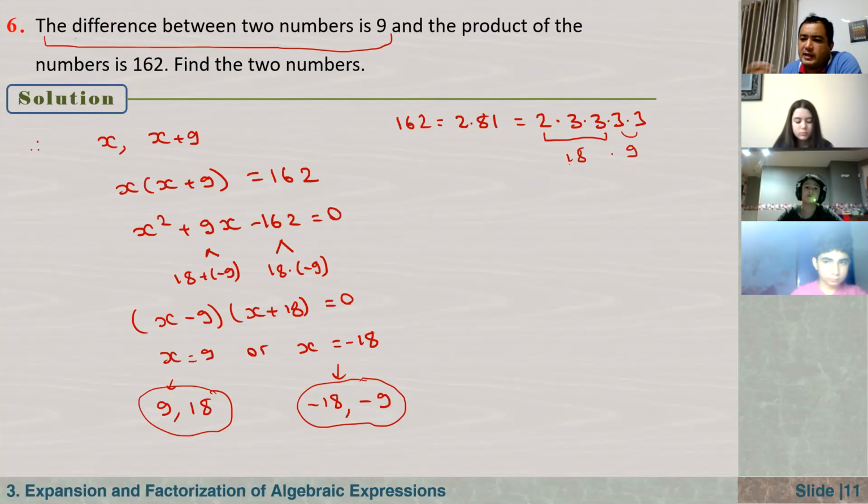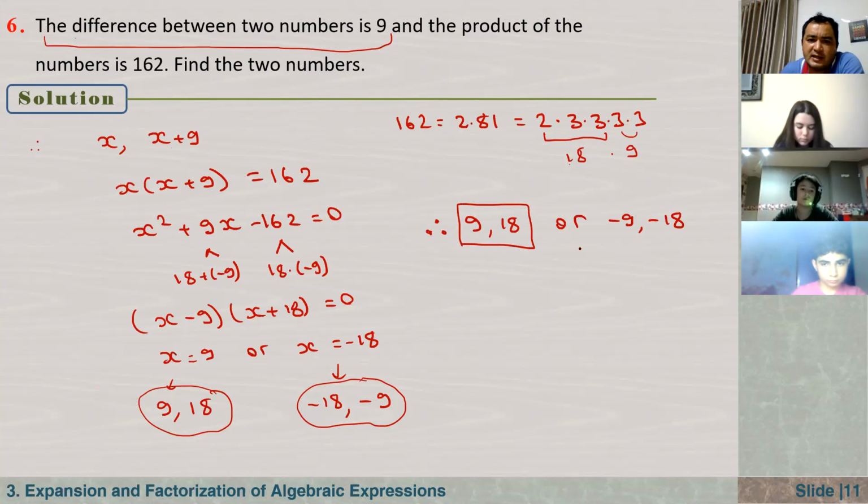That means the numbers can be anything. So here we need to pick both answers. Your answer must be like this: those numbers are 9, 18, or negative 9, negative 18. Both are possible answers, because the question doesn't say that they are positive or negative. That's why we have to write all the answers.